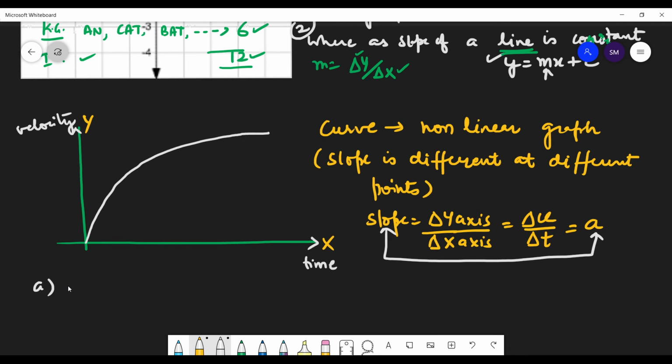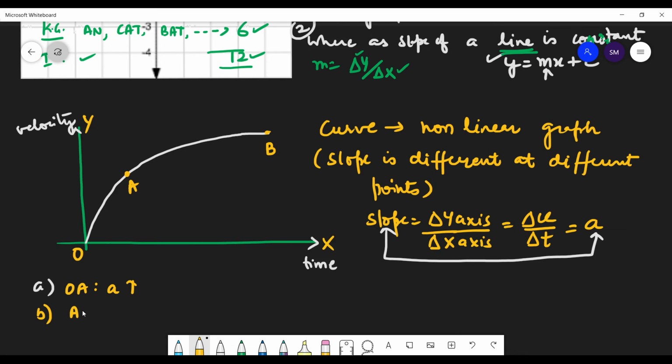Now I am telling you 4 options. We have points: this is O, this is A, and this point is B. Option A: in the part OA, acceleration is increasing.